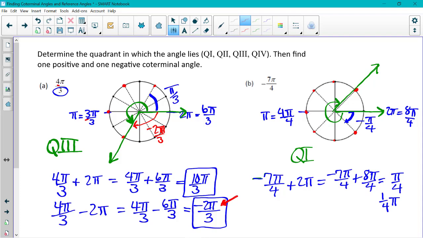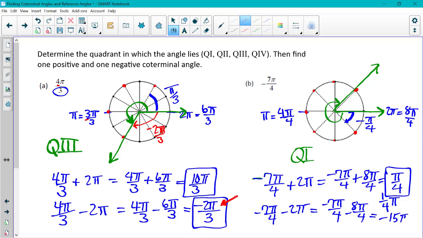That would be our least positive coterminal angle. And if I wanted a negative coterminal angle, I would subtract 2 pi, or subtract 8 pi over 4, which would be negative 7 minus 8, which is negative 15 pi over 4. So that angle would also have its terminal side in quadrant 1.